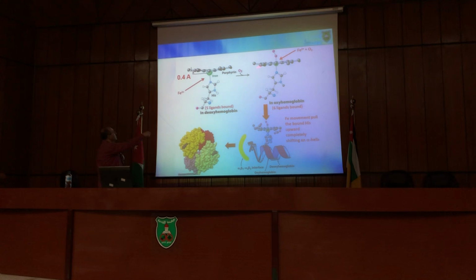You have a change in the structure of heme that pulls with it the proximal histidine. When this is pulled, it changes the structure of the whole alpha helix. When you change the structure of the alpha helix, the tertiary structure of this polypeptide that is now bound with oxygen also changes.